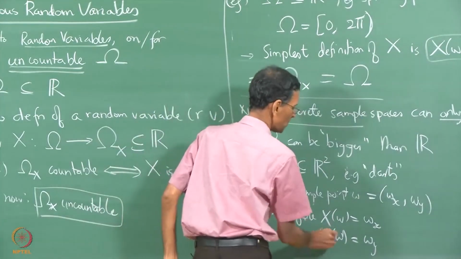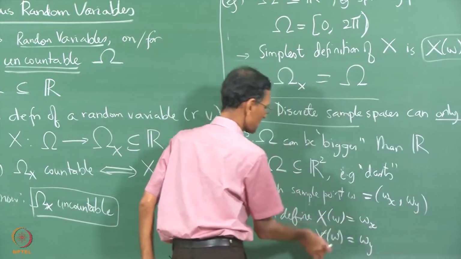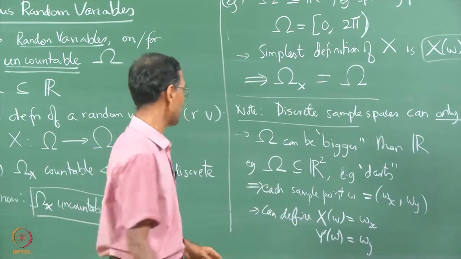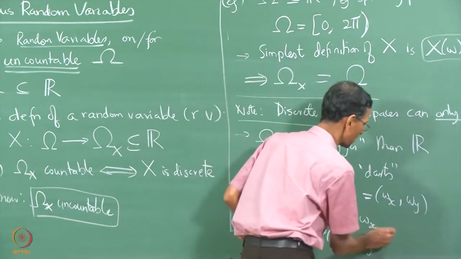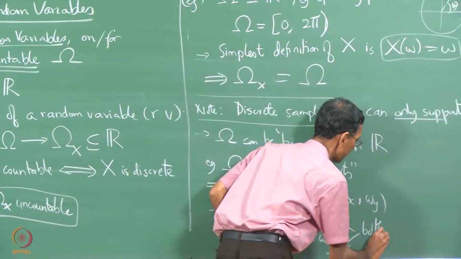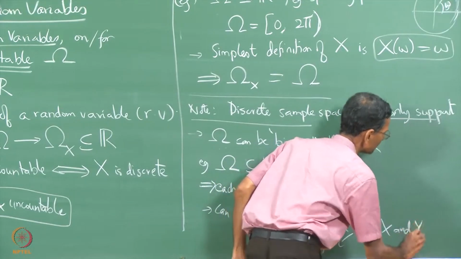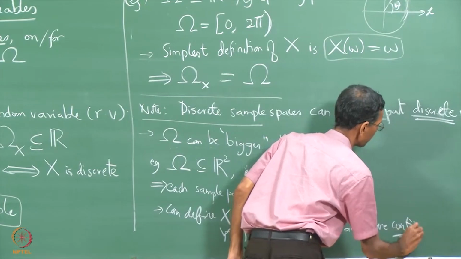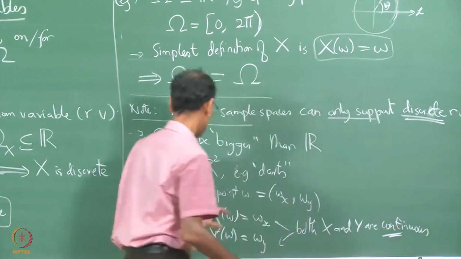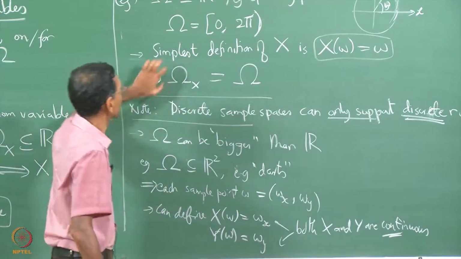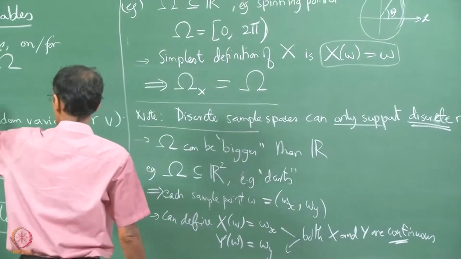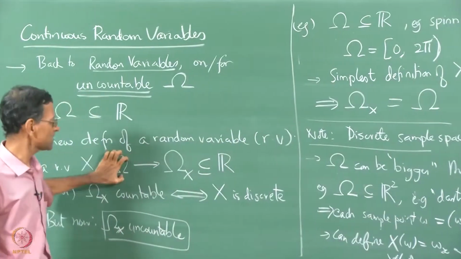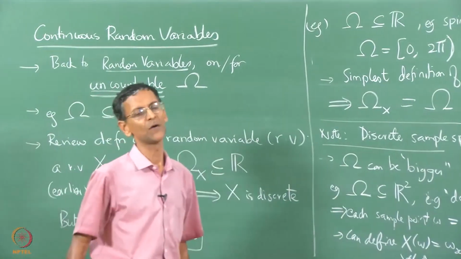So in such cases it's easy to see that you can define two random variables, and both of them will be continuous. Both random variables satisfy this fundamental property of all random variables, namely that they are mappings from the sample space to some portion of the real line.